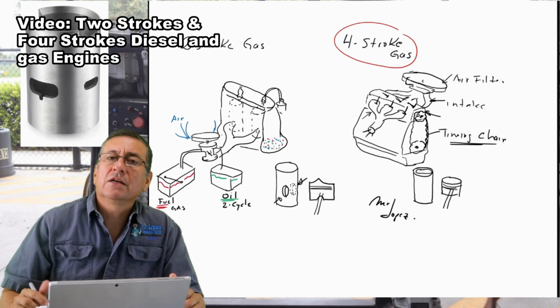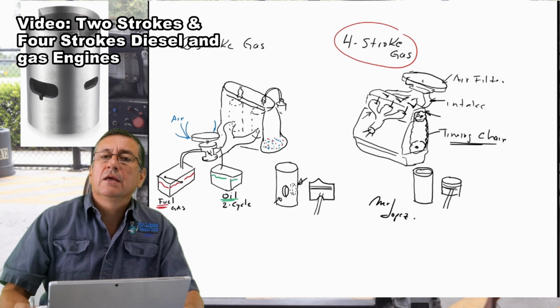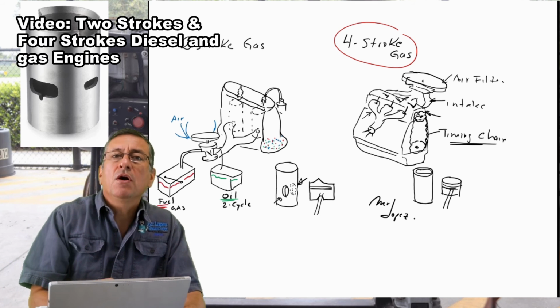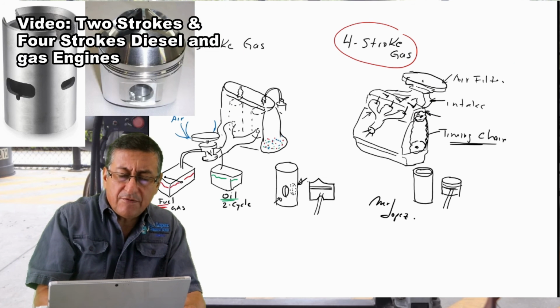At the bottom of the cylinder, if you check in the picture, there are 2 holes, one practically in front of the other one. And additionally, the head of the piston in 2-stroke engines has this shape, like a castle, like this.